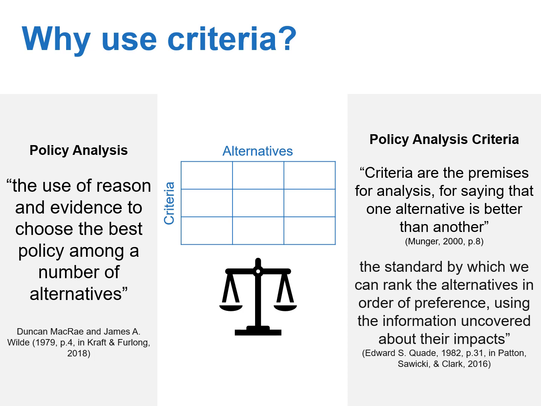Weimer expands this by saying they are the standards that let us rank alternatives in order of preference based on their impacts. In practice, this means that criteria create the framework for evaluation. They allow us to weigh trade-offs and make explicit why we recommend one option over another, rather than relying on intuition or political instinct alone.